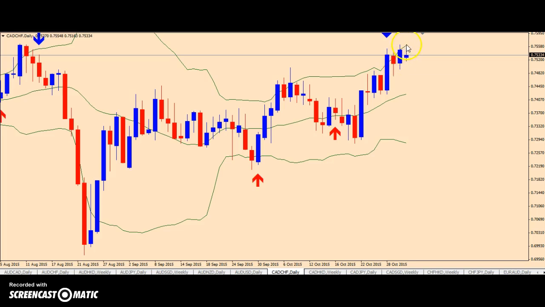So not too much more bullish pressure there, or bullish momentum rather, and the bears may start to be taking control.